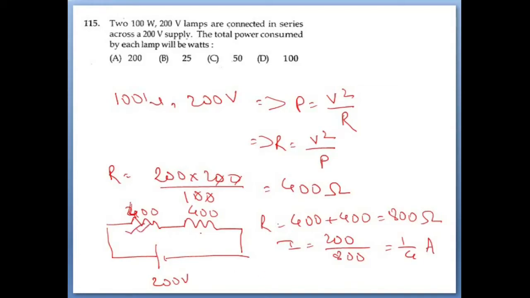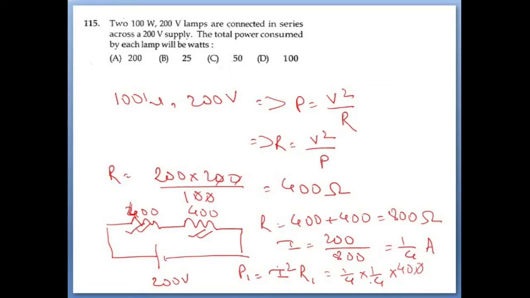Now the power consumed in this and in this: P1 is equal to I square R1, and P2 is equal to I square R2. I will be the same because of the series connection. So I is 1 by 4, squared means 1 by 16, into R1.